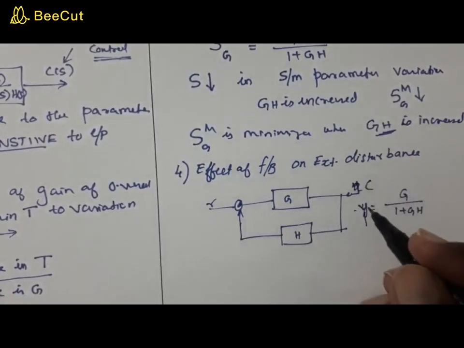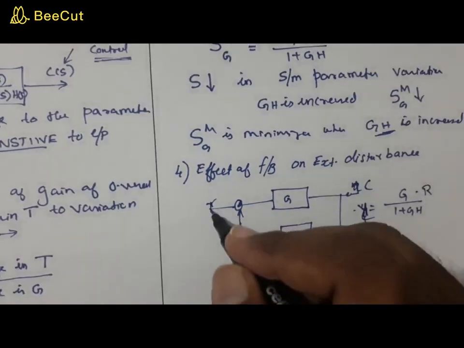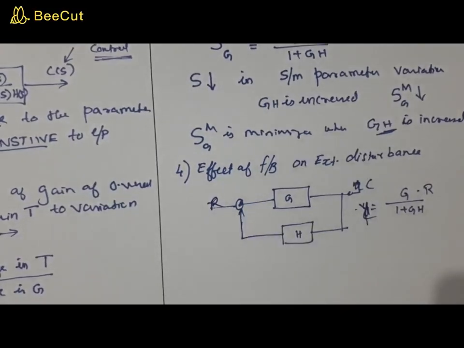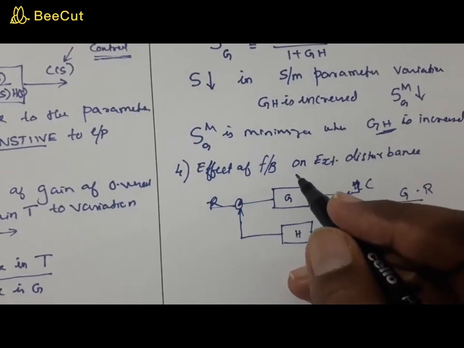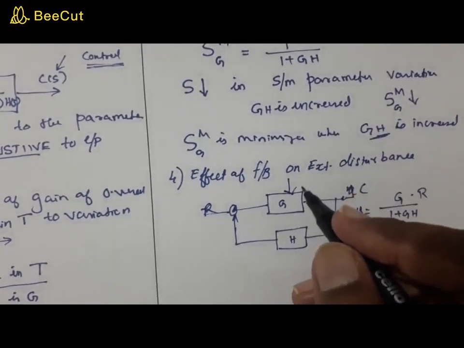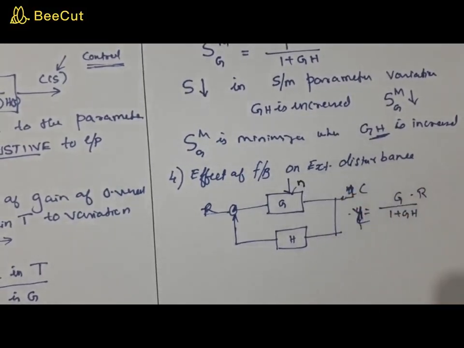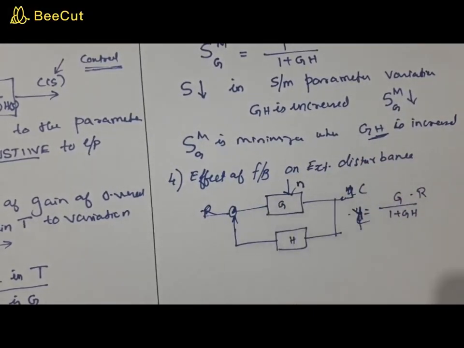Call this C. So C will be equal to G by 1 plus GH times R. Let it be R. We know that. Now imagine that you have an external disturbance, let us call that noise N, which comes along somewhere or other into this block.